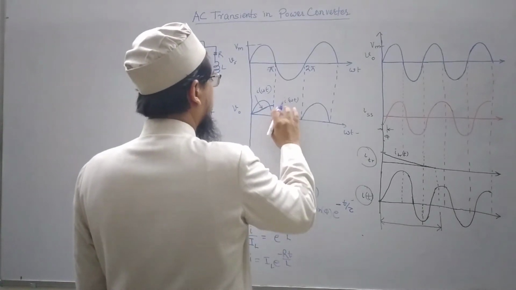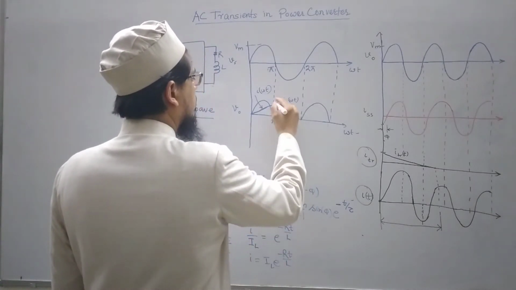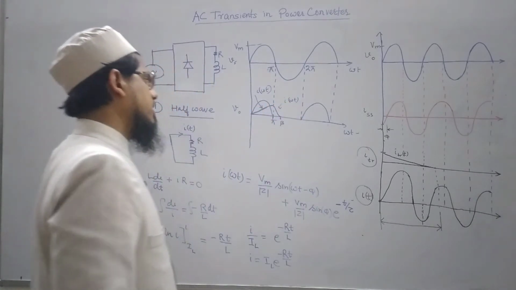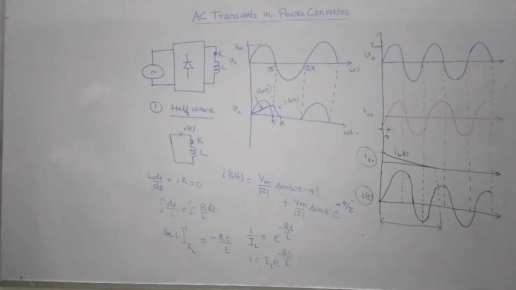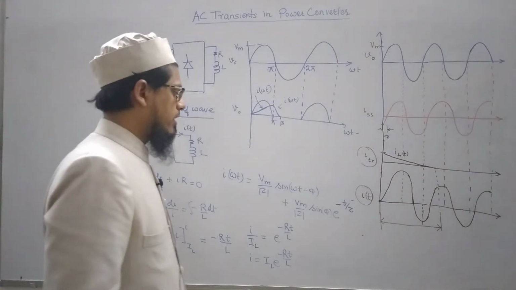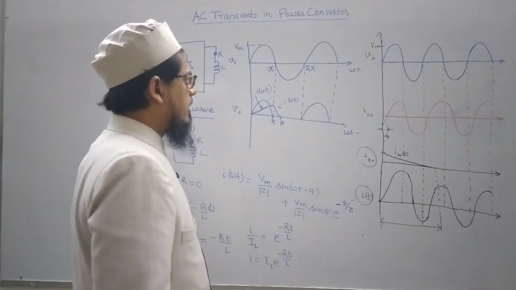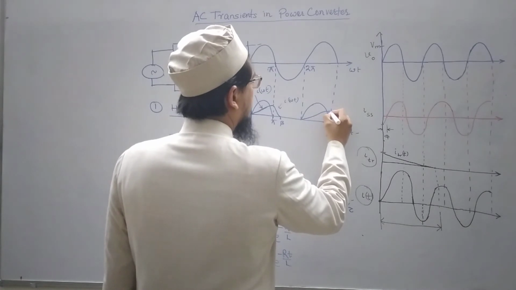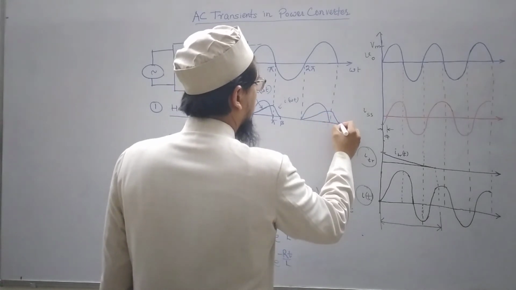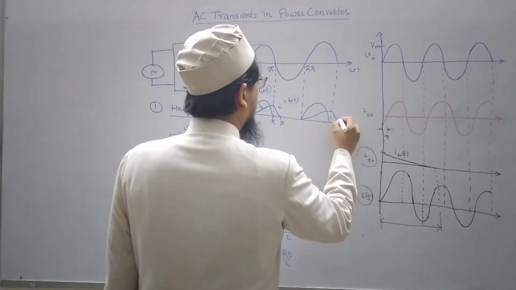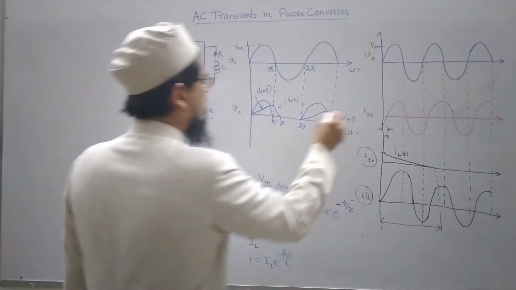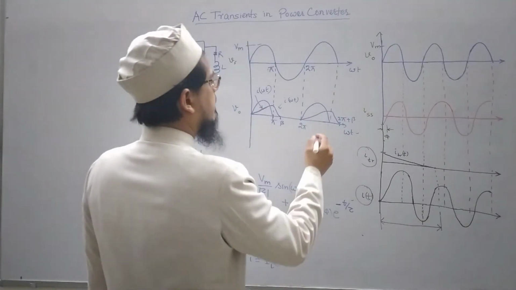So this waveform is not exactly like this, it would be an exponentially decaying current. Similarly, in the next cycle also we would have the current increasing and then finally settling to 0 at 2 pi plus beta.